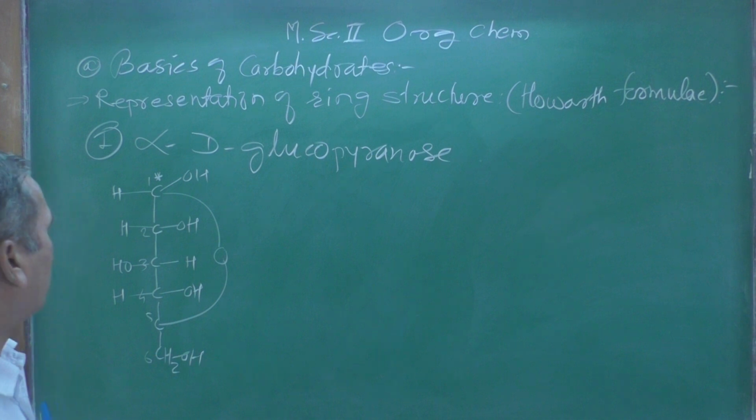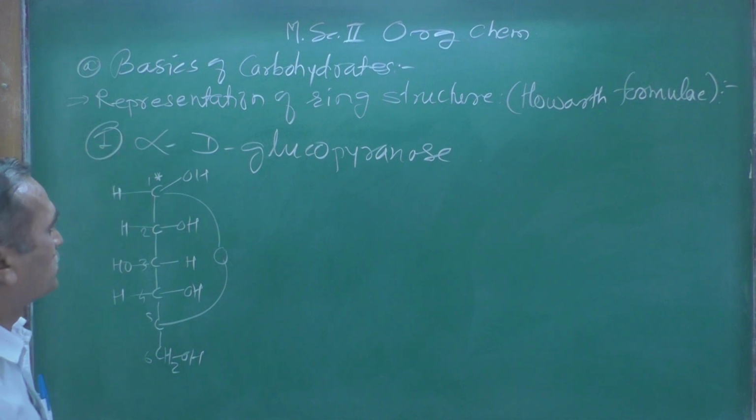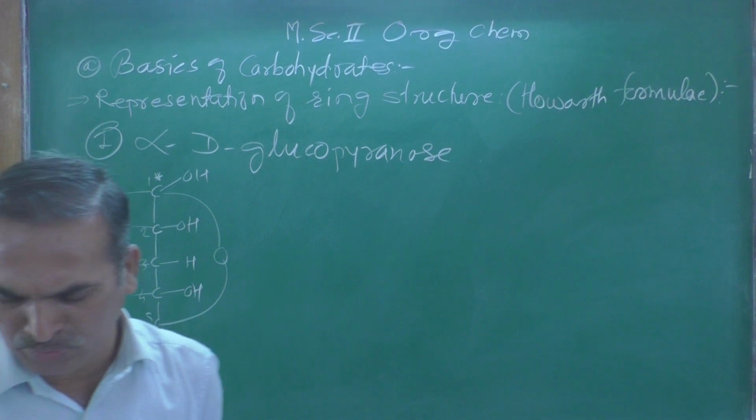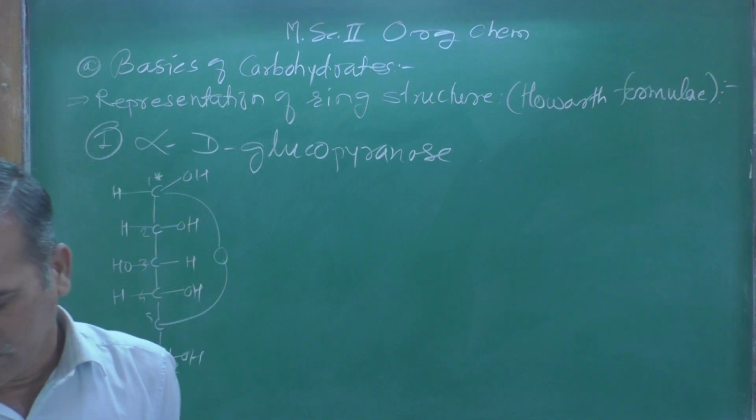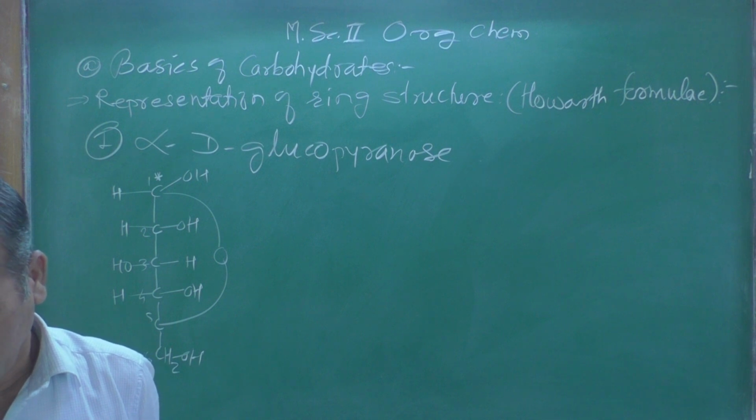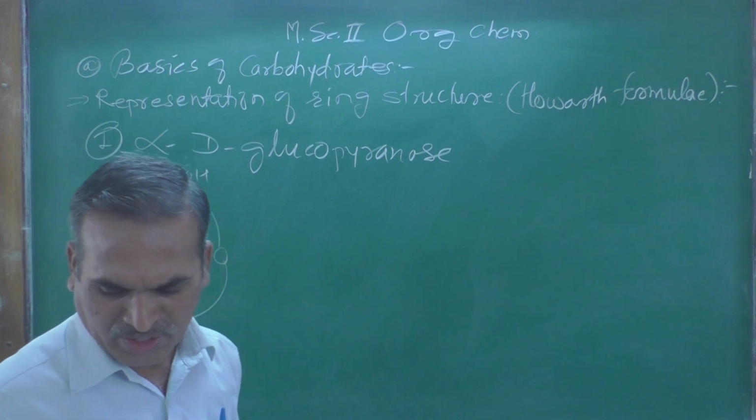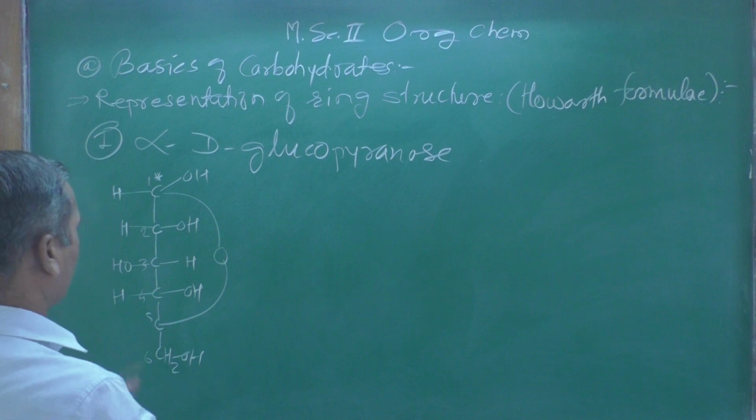This is the representation of that alpha D glucose according to the Fischer projection formula.